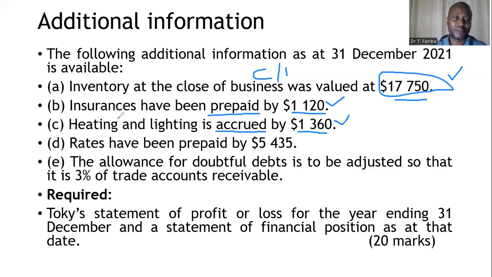Why am I saying so? When heating and lighting is accrued, what it means is we have already spent, but we have not paid. That's what it means. We have spent, but we have not paid. So there is a liability on our part.